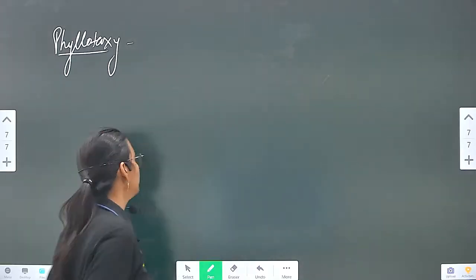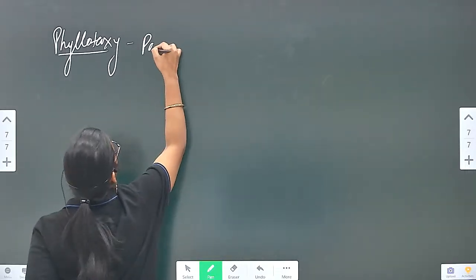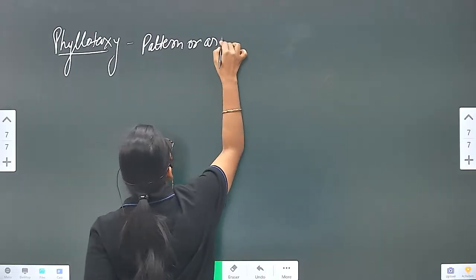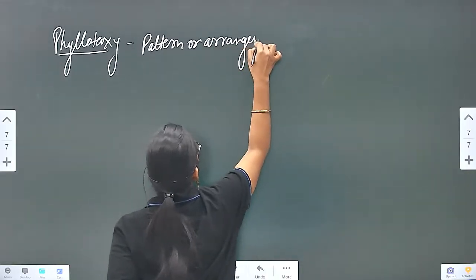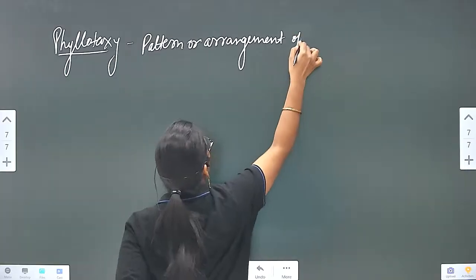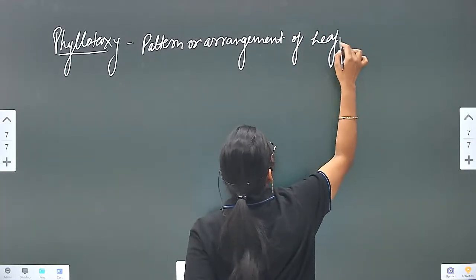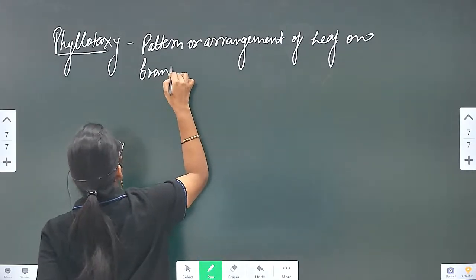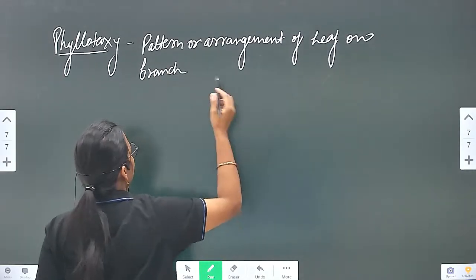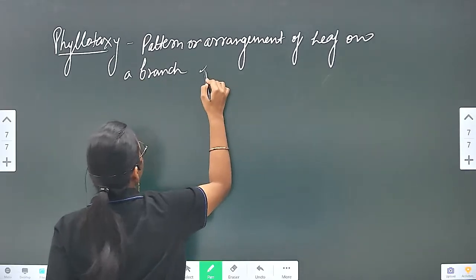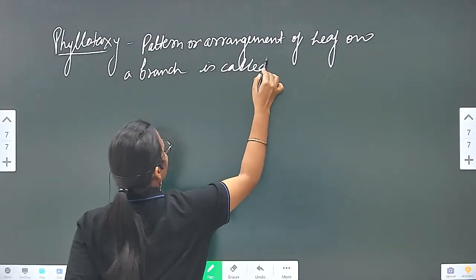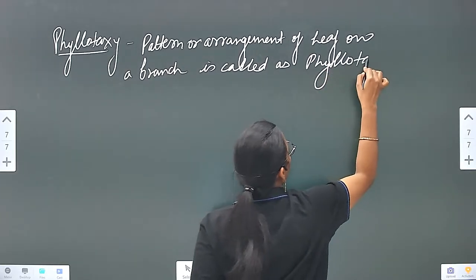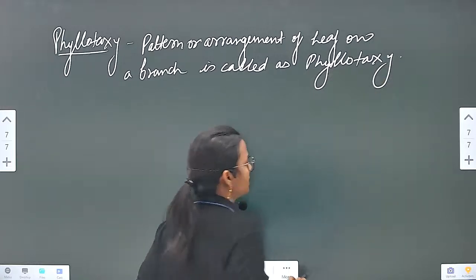Please write down. The pattern or arrangement of leaf on a branch is called phyllotaxy. Is that clear?